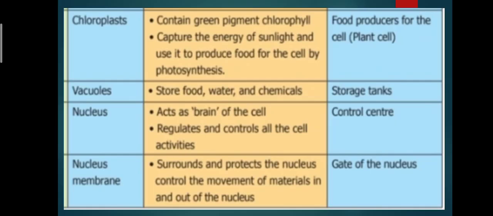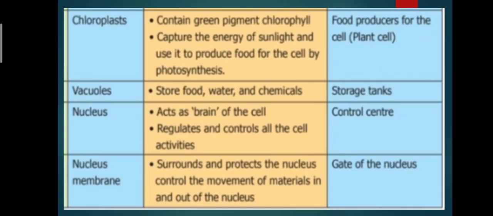Chloroplast is present only in plant cells and contains a green colored pigment known as chlorophyll. Function: site of photosynthesis. Next one, vacuole. Arises from endoplasmic reticulum, surrounded by tonoplast and filled with cell sap. Function: stores cell sap, which may be liquid or solid food or toxic byproducts.